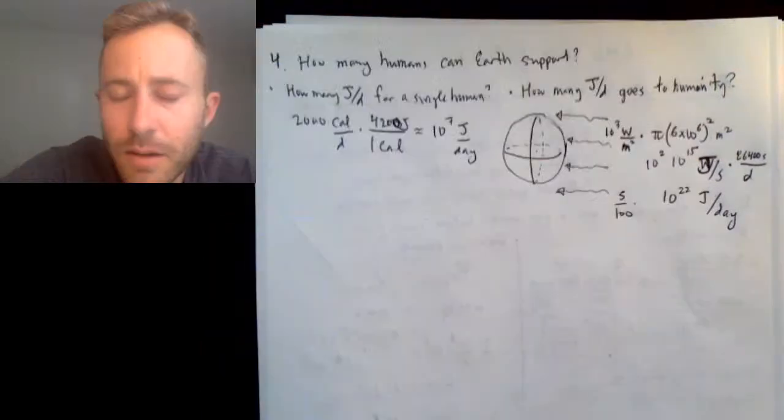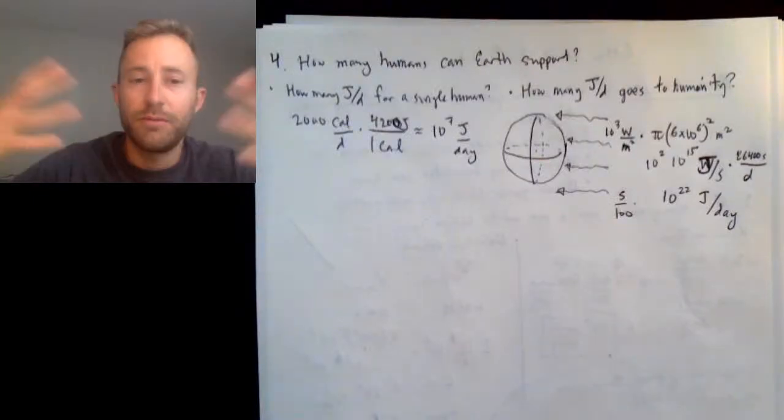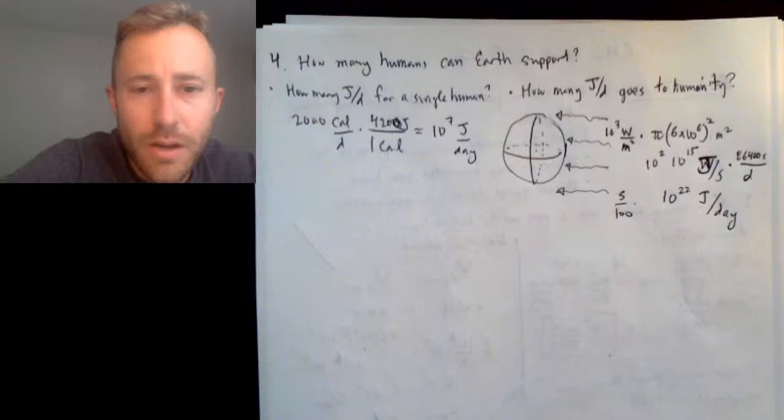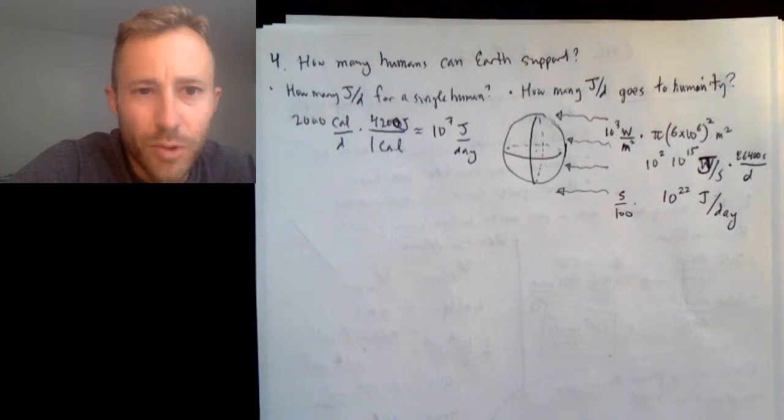So 5% of that is harvested by plant matter that is going to photosynthesize. And then photosynthesis is not 100% efficient. So I would say, I think it's only 10% efficient or something like that. Most motors, most like car engines are something like 10% efficient.